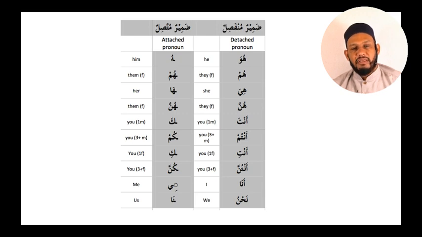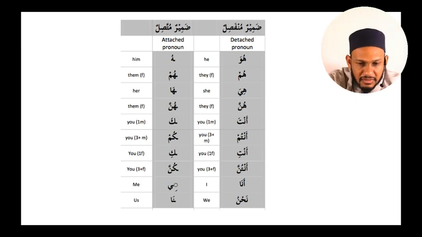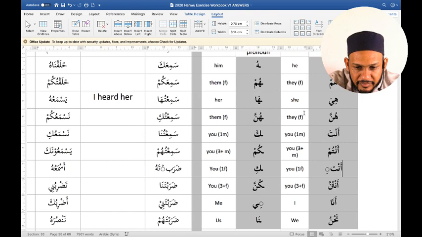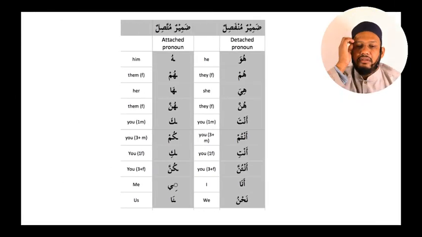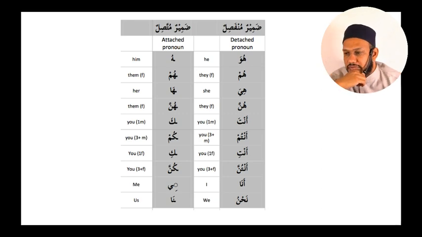And how would I say he heard them? And how would I say he heard her? Type the answer for me. There's a mistake here actually. He heard him. He heard them. He heard her. Good.